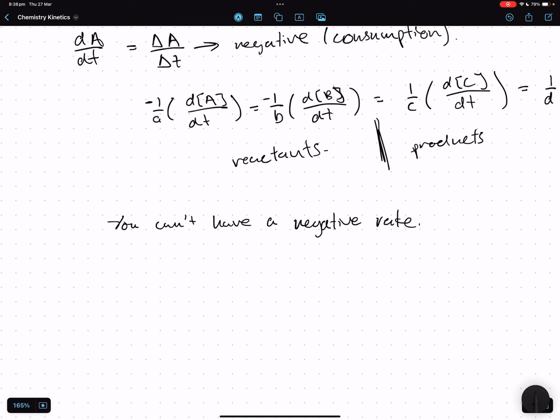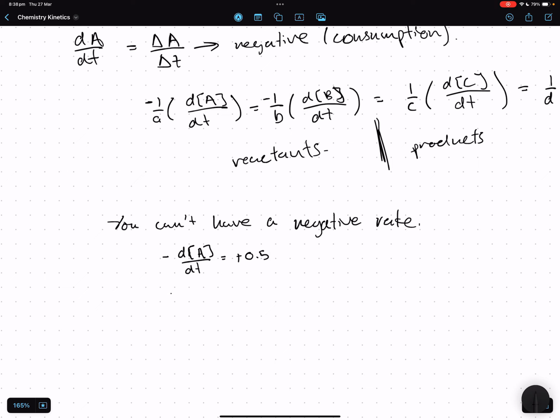So let's say d[A]/dt is equal to negative 0.5. Then we say, and this is the reason we put the negative sign there, so this turns into a positive.